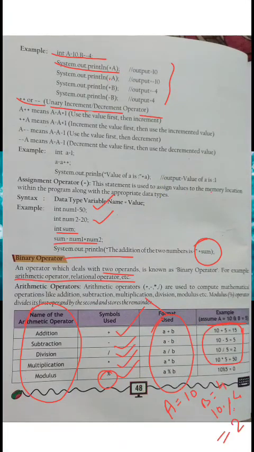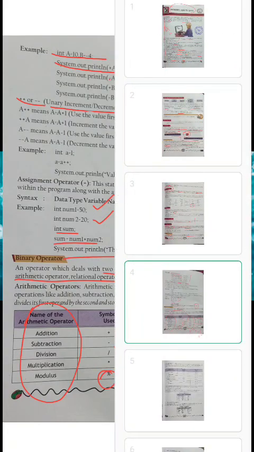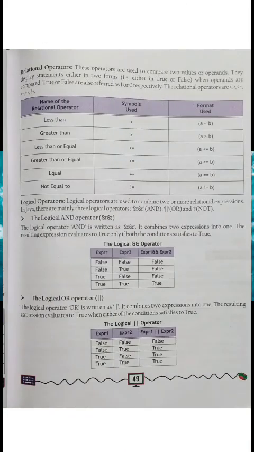And next we will move to the next page, that is relational operator. Relational operator means providing relation between two operands. These operators are used to compare two values or two operands, and in mathematics also we have studied comparison: less than, greater than, less than equal to, greater than equal to, not equal to.